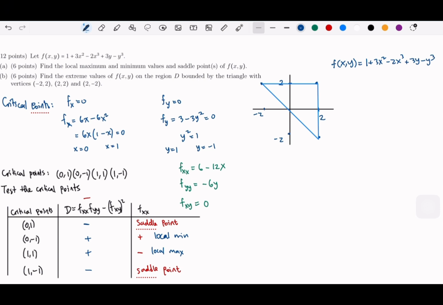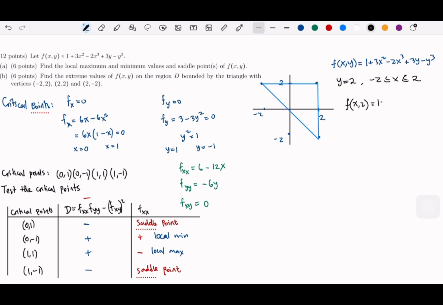Now we can start with y as a constant, y is the constant 2, and x will be going from -2 to 2, right? So x is variable, y is constant. We can write a new function, taking y equal to 2 inside.